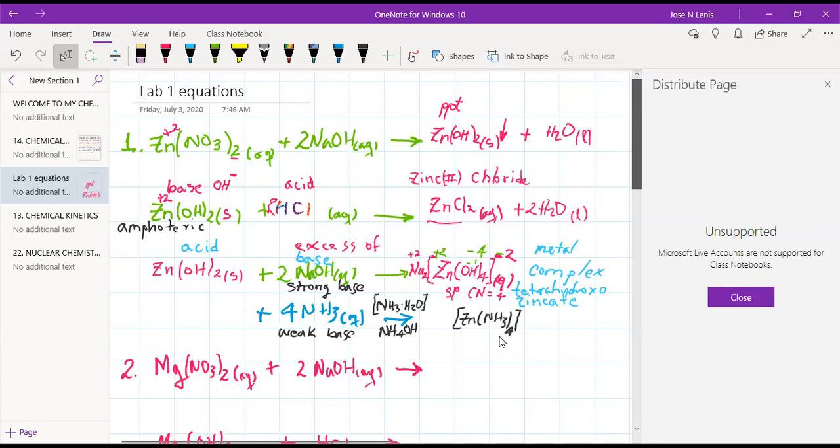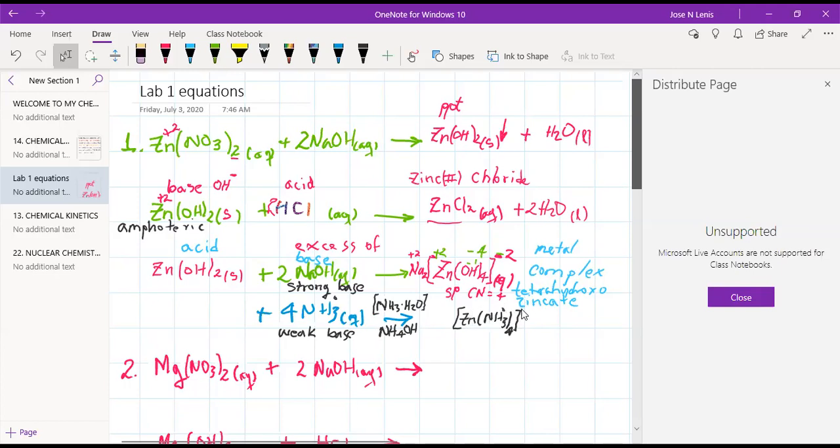And what is the oxidation number now? What is the oxidation number for this? This is 2+. And what is the charge of ammonia here? Ammonia is neutral, no charge. So what is the total charge for the complex?